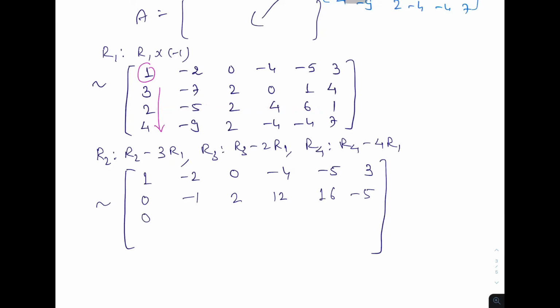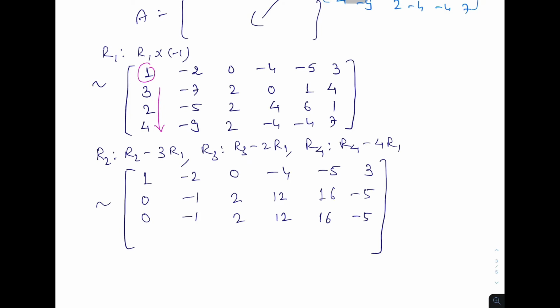So minus 2 plus 2 is 0, then 4 and minus 5, so this is minus 1, then this is 2, then 4 and 8 plus 4 is 12, then 10 plus 6 is 16, then minus 6 plus 1 is minus 5.